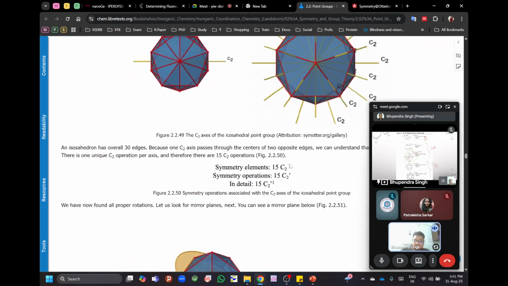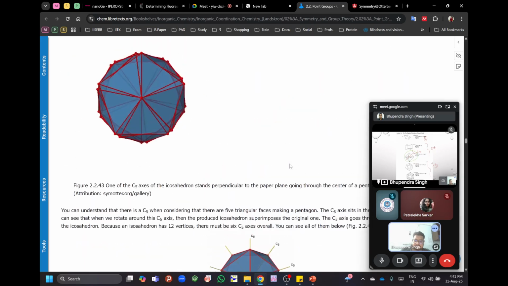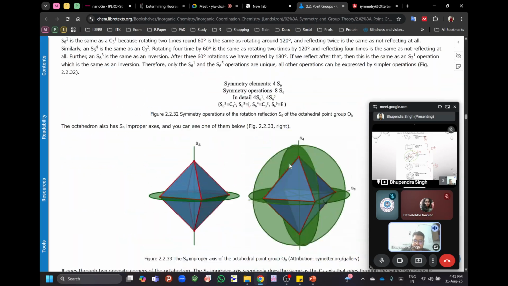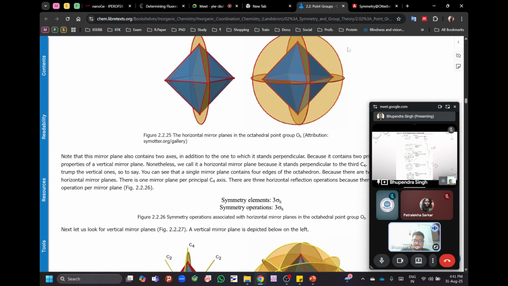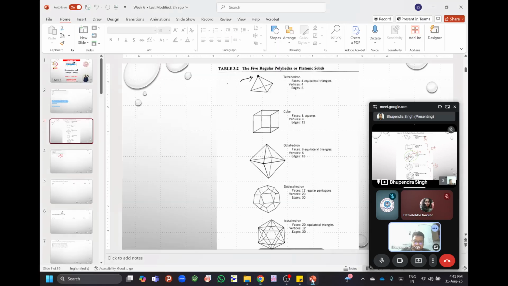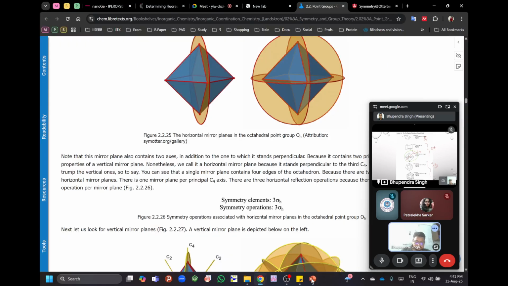I think you are not able to see my previous screen where I was showing you the octahedron. I'm scrolling it down. What was the question? C3 axes.